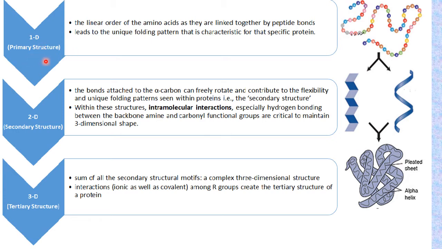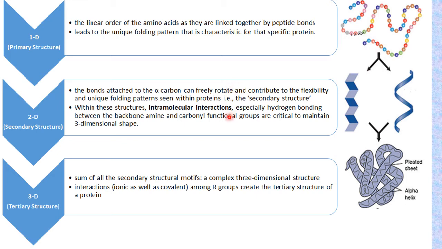And this leads to the unique folding patterns that are characteristic for a specific protein, responsible for the specific shape and hence the specific function of a given protein. So this is the 1D structure or the primary structure.